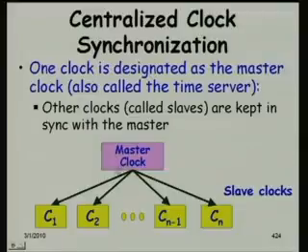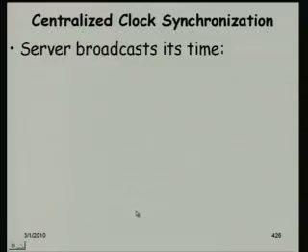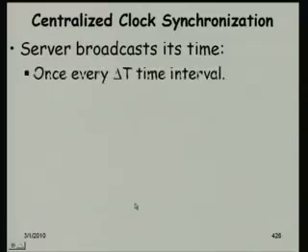This master clock keeps on broadcasting the time values, and the slave clocks keep on setting their time according to the master clock. Simple mechanism. The server broadcasts its time every delta t time interval. Let us see slightly more detail of this. It periodically broadcasts and the cycle is delta t.